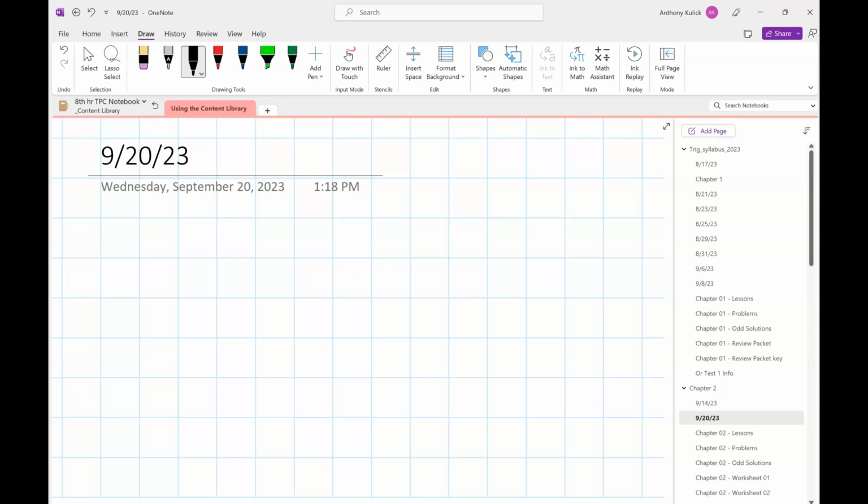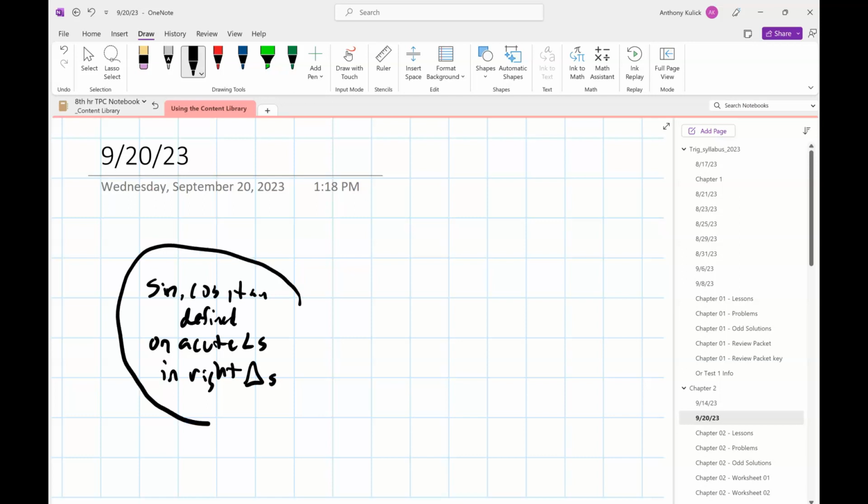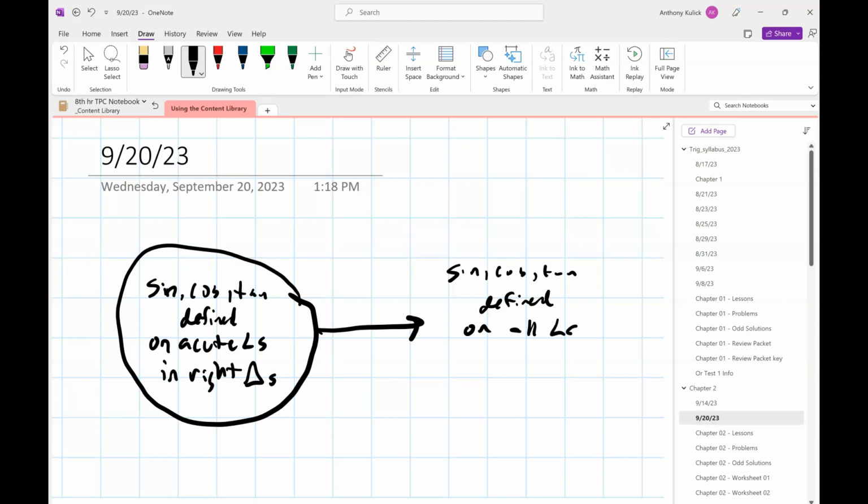Our first order of business is to take our definitions of sine, cosine, and tangent that are defined on acute angles in right triangles, and extend them so that we can take sine, cosine, tangent on all types of angles and no longer be stuck inside of a triangle.